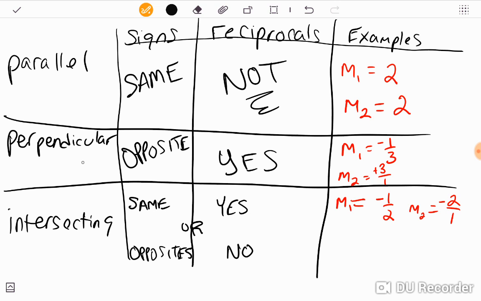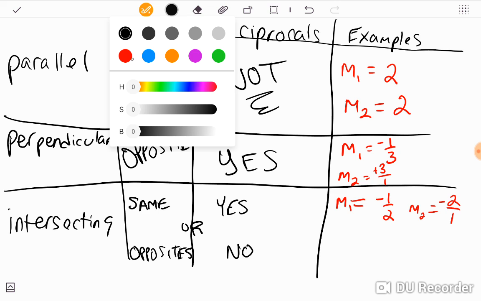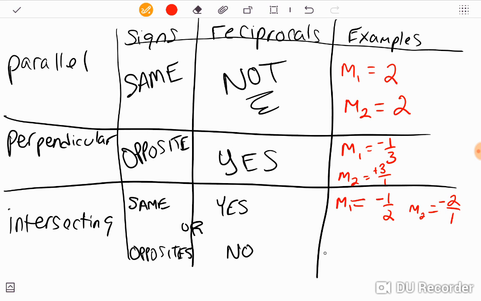So it can't be perpendicular, and it can't be parallel because the signs are opposite. They're not the same. So an example of this would be if we have m1 is 2 over 1, and then m2 is negative 2 over 1. So you see the fraction stayed the same, right? It didn't flip, but the sign flips. So that's why it's not parallel or perpendicular.